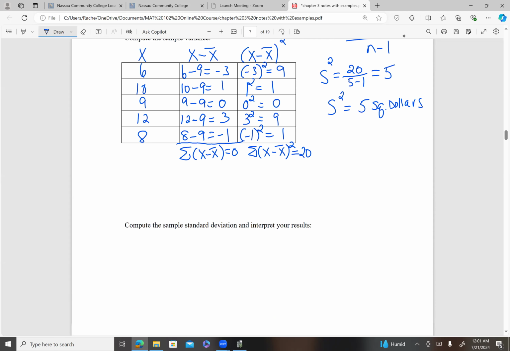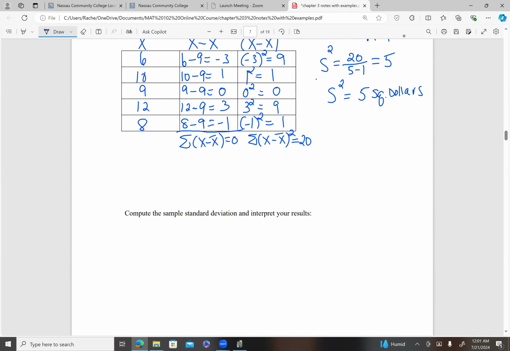So now what I want to do in the second part of this question is compute the sample standard deviation, and we'll interpret it. So remember what we just said, the sample standard deviation, which we call s, is equal to the square root of the sample variance.